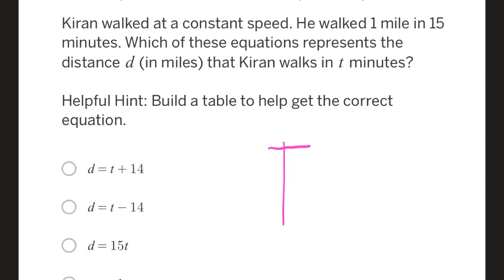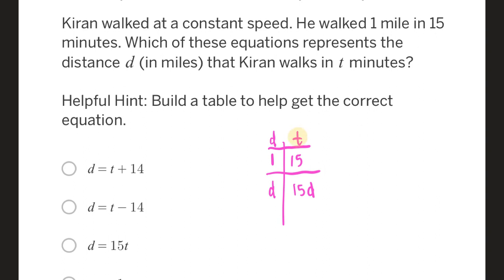So he walked 1 mile, that's our distance, in 15 minutes, that's our time. Which of the equations that we have here represent his distance in miles? So if we do have our distance, we would multiply our distance by 15 to get to our time.